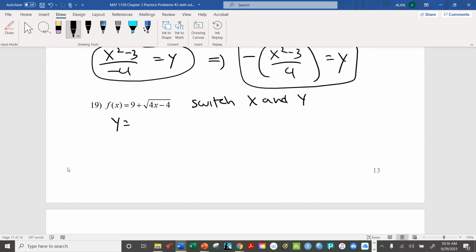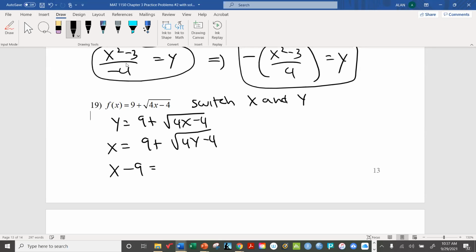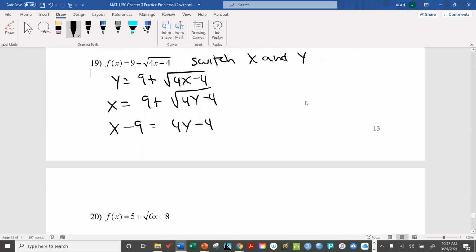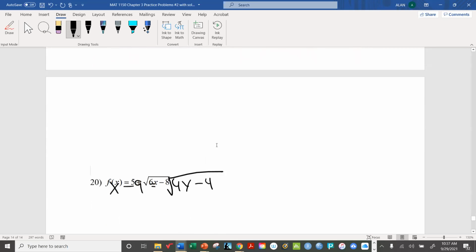All right. Now, what about this one? So initially y equals 9 plus radical x minus 4, therefore x equals 9 plus radical 4y minus 4. Okay, so now we have to solve. This one's a little messier because now when we square both sides, sorry, I made a mess here.